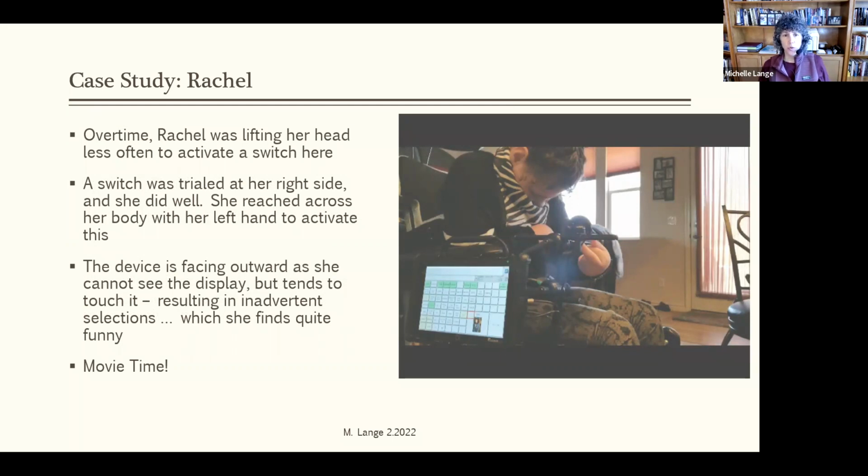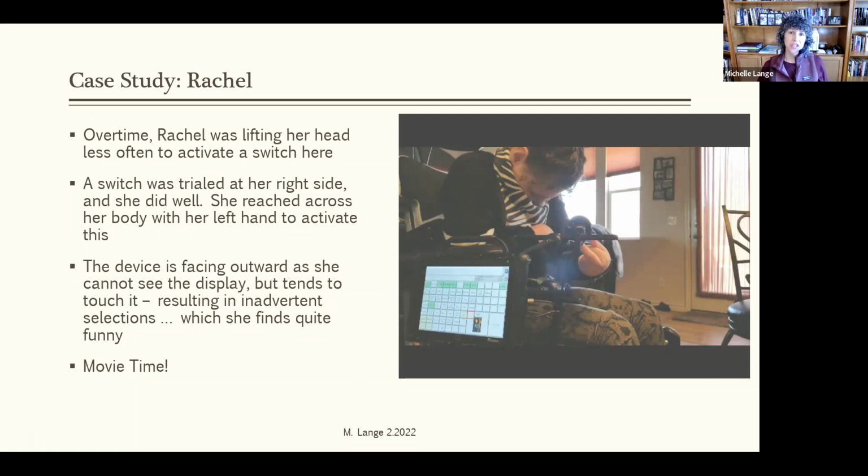We trialed the switch at her right side. So if you can see my mouse here, my cursor, there's a switch on a little bar here. She actually would reach across her body with her left hand to activate it. The device, you can see pictured here, is facing outward because she doesn't see the display.